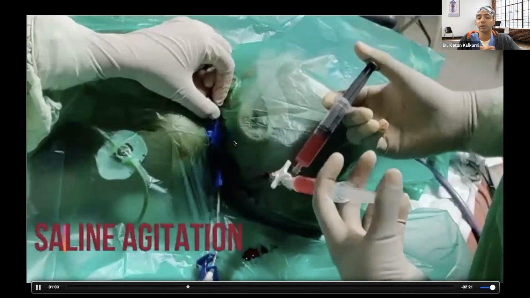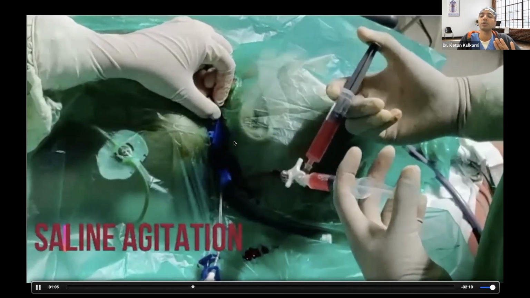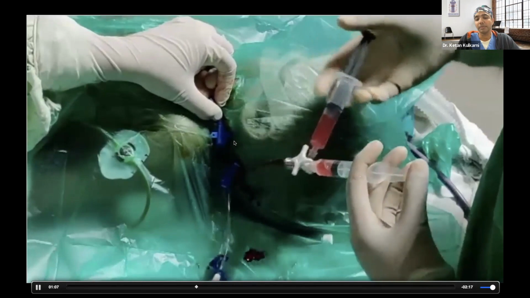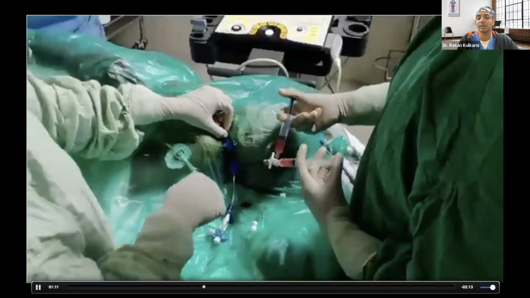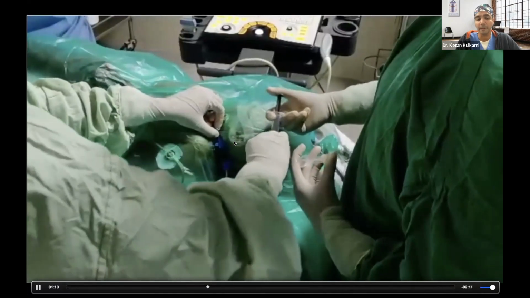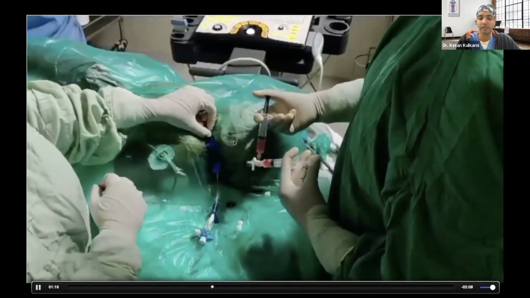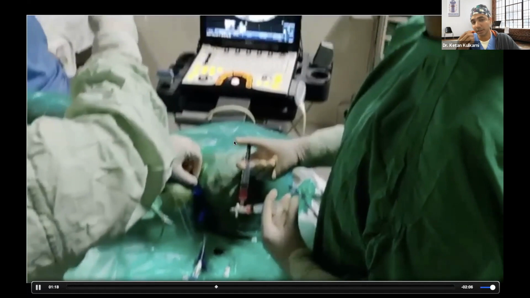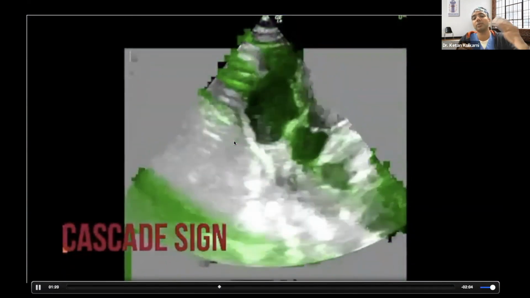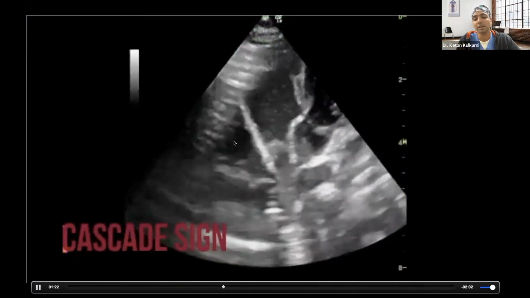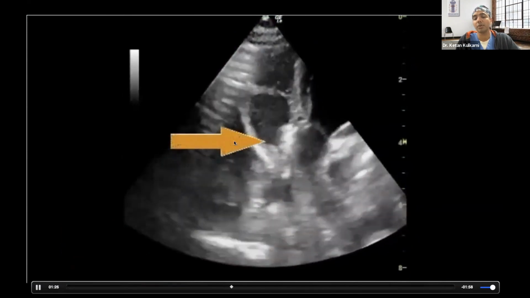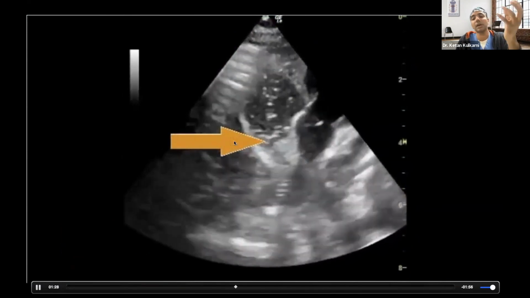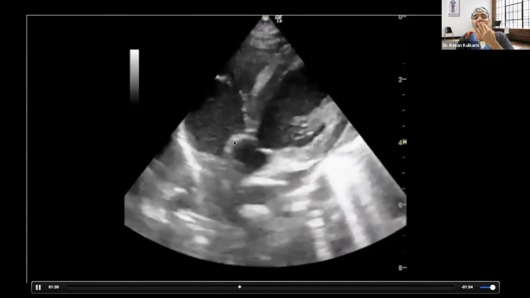And this is how you do saline agitation. This is the simplest thing. Agitation of saline can be done in different ways, but I feel this is the simplest way. When you squirt the saline, you look at the echo image, and you will see the fountain coming from the SVC going into the RA.